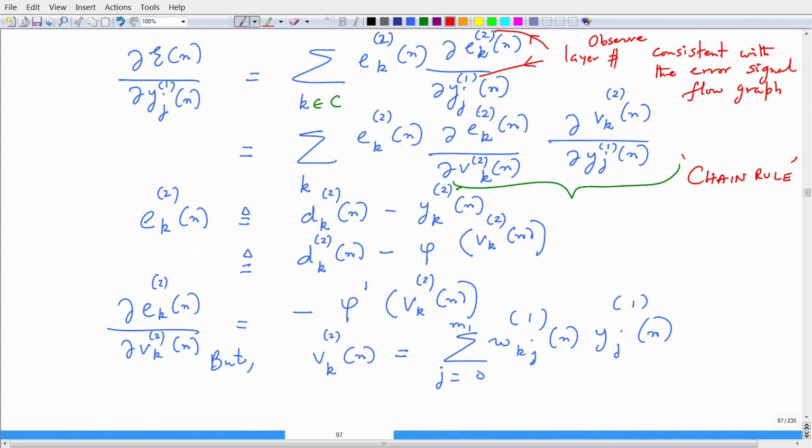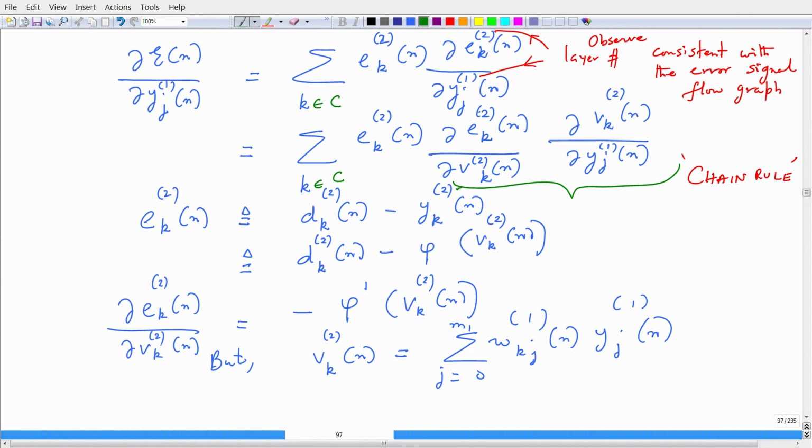Now if you have gotten this concept, it is straightforward. Now you just have to compute the partial derivative of each of the errors in the output layer with respect to the functional signal. So therefore you have the summation over k, right. I will just put k belonging to C, it is sort of straightforward even without this.